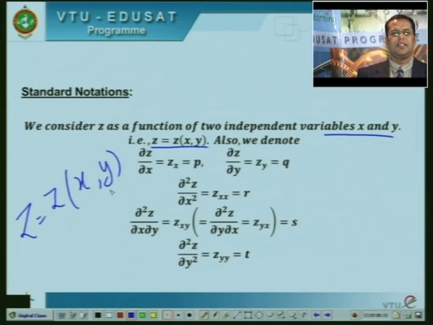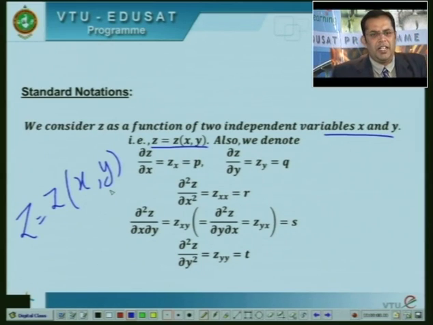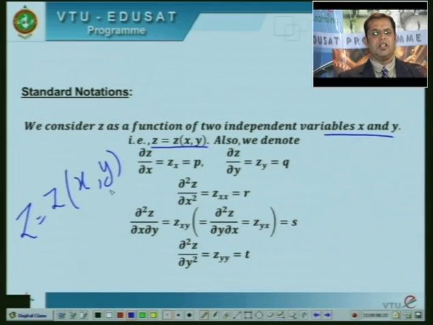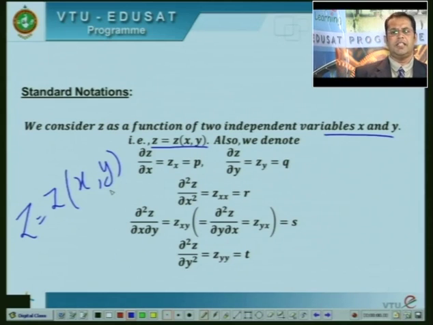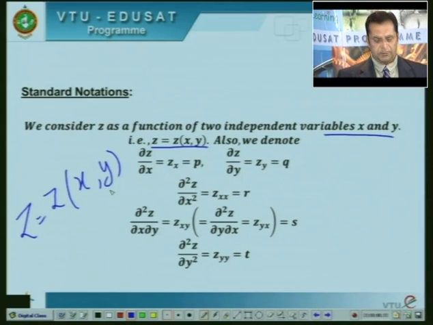In some cases, the independent variables may vary. For example, x and y can be replaced by say x and t. That depends on the problem. And also the dependent variable need not necessarily be z, it can be u or v or f, anything that is given in the problem. But as a standard terminology, we assume z as a function of x and y.